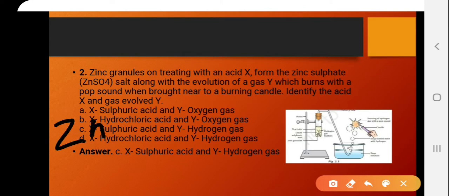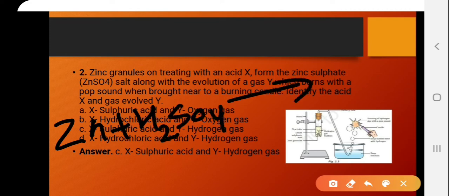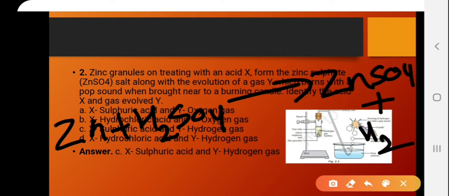The equation is Zn plus H2SO4. H2SO4 is sulfuric acid. The products are ZnSO4 plus H2, that is H2 gas evolved.